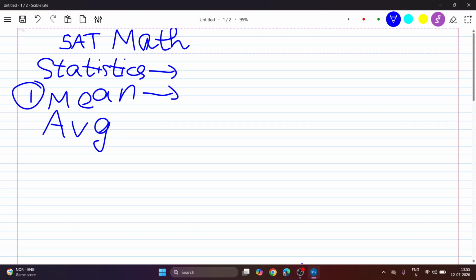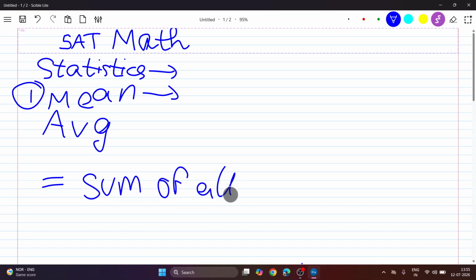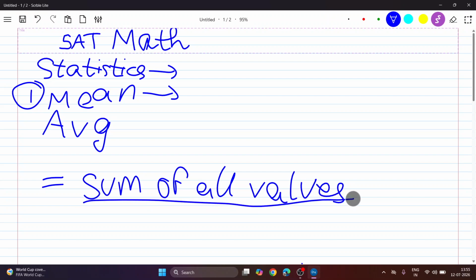So mean is nothing but the average. It's the sum of all values divided by the number of values.